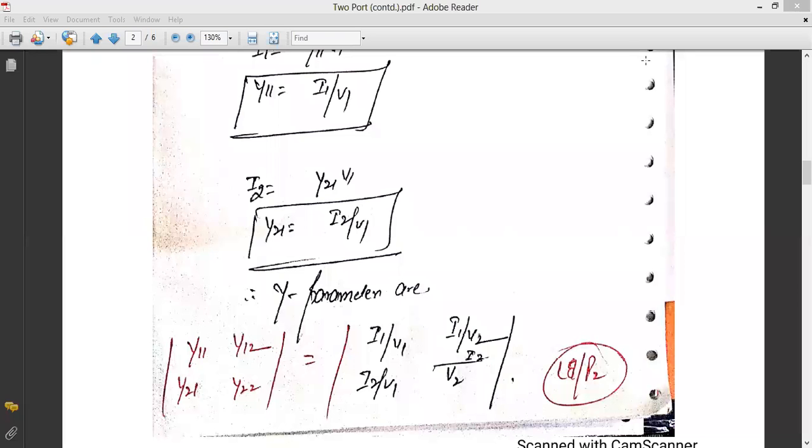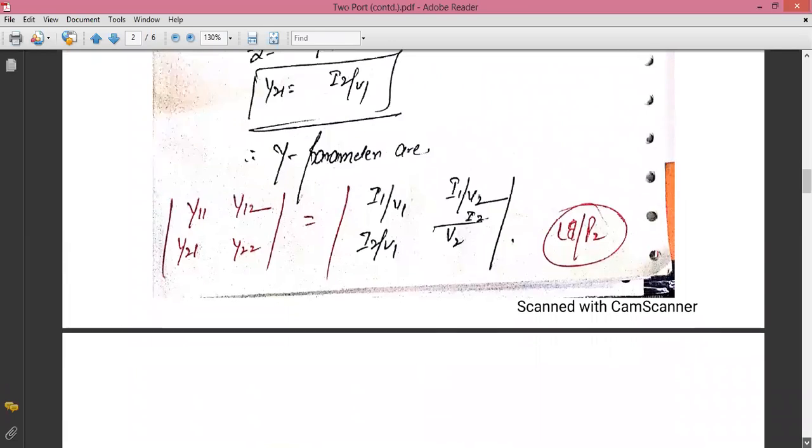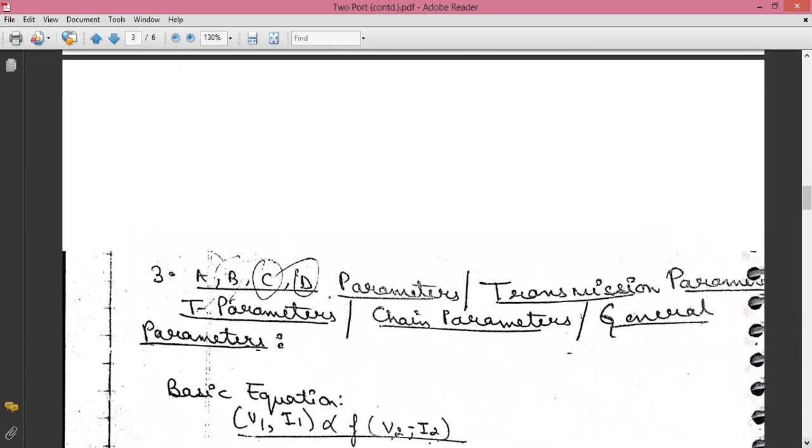Now I will tell you that our next parameter is basically your transmission parameter. It is also called the ABCD parameter, chain parameter and the general parameter. Now you have the basic equation like this. ये आपके सामने basic equation, because हर एक parameter की एक basic equation होती है.